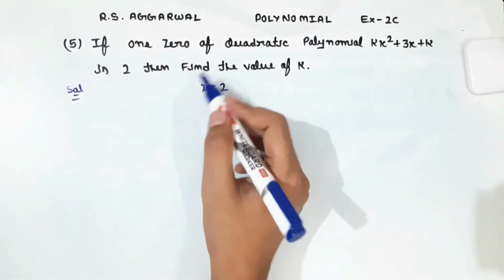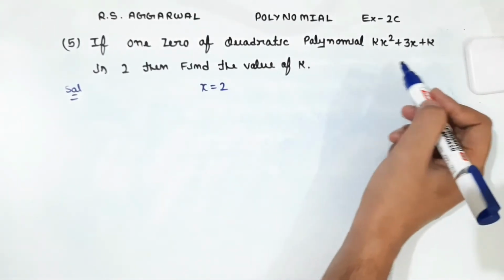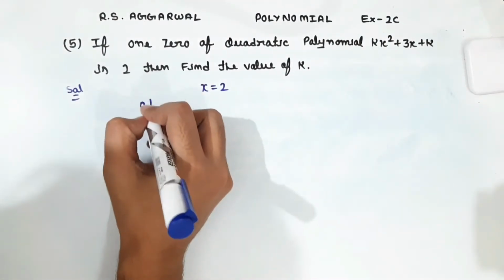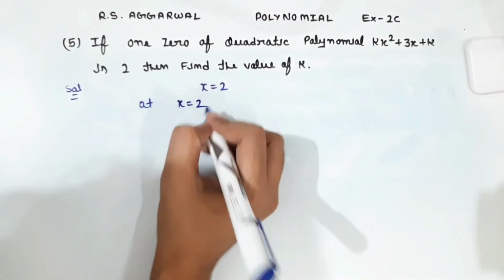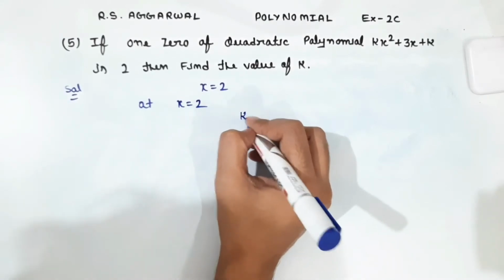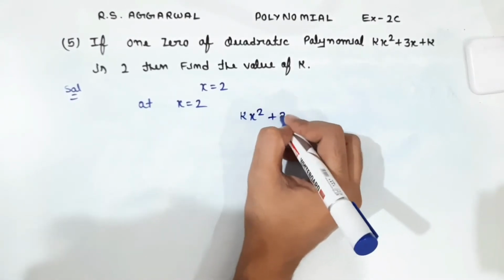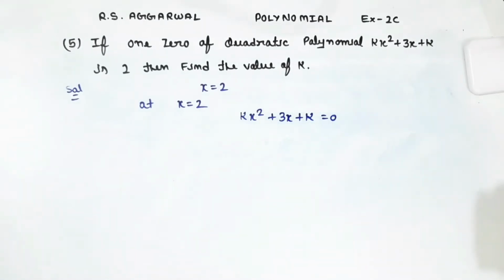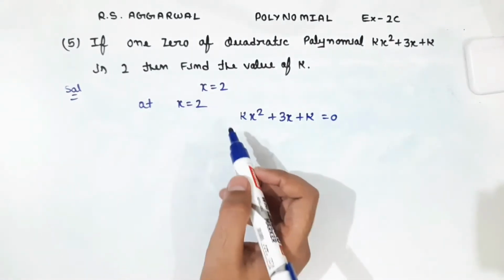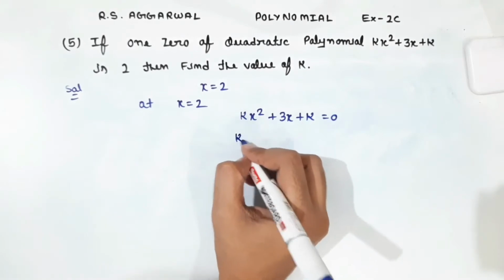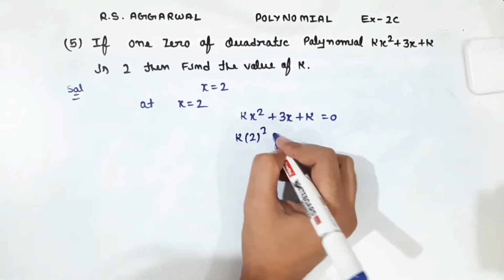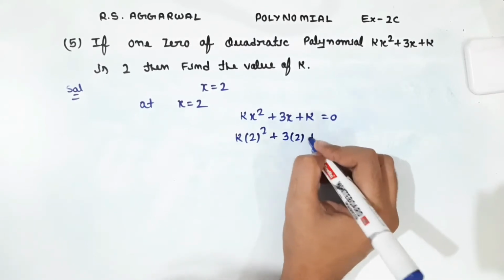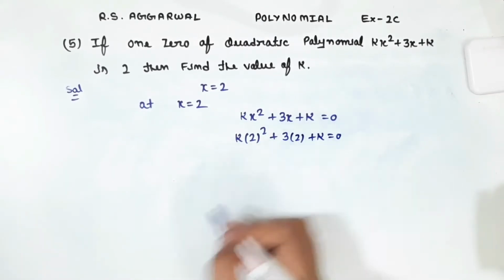So at x equals to 2, the value of polynomial will be equals to 0. So at x equals to 2, kx square plus 3x plus k will be equals to 0. So now putting the value of x, so k 2 square plus 3 into 2 plus k equals to 0.